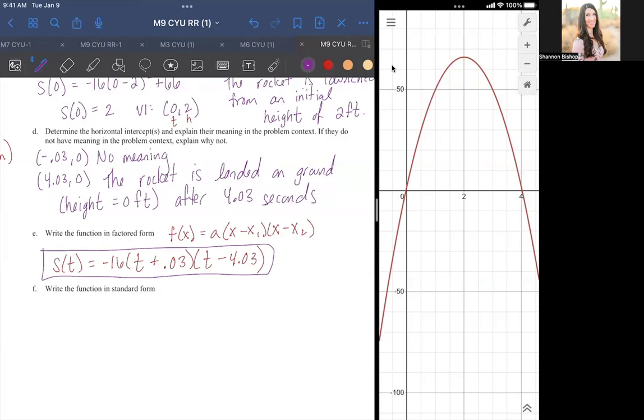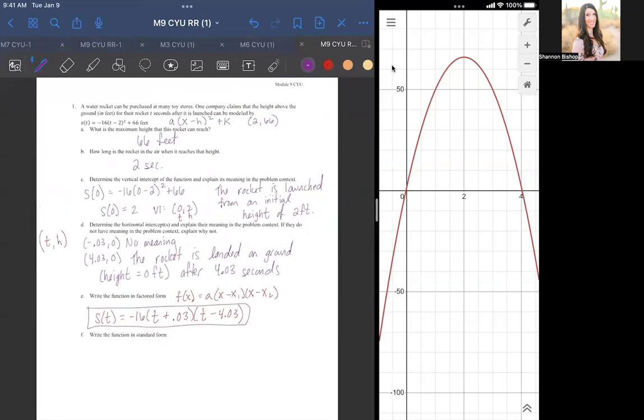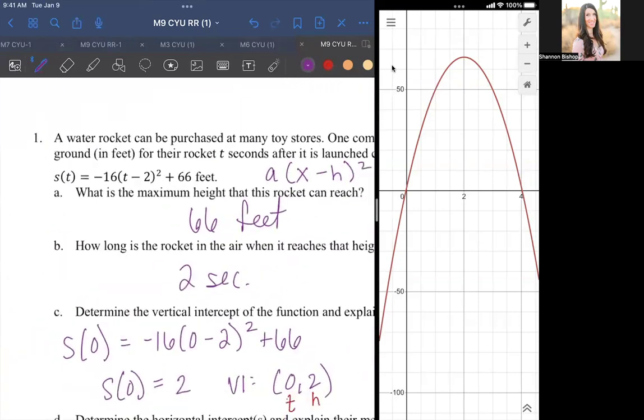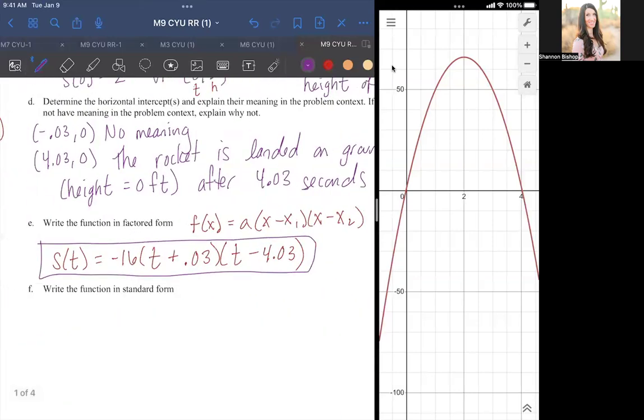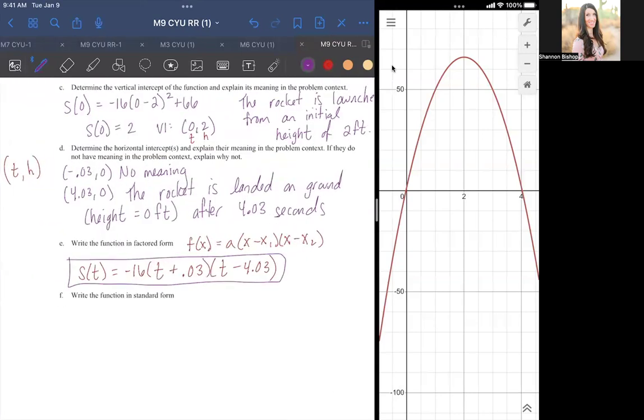You are going to want to distribute out either the vertex form, which was given to you in the beginning, or the factored form, which you now have in part E. I'm going to go back and use my original vertex form, not only to practice it that way, but also, if this was me on a test, just in case I made a mistake in part E. I wouldn't want to distribute that out because I'm going to have what I call a snowball effect. If part E is wrong, then if you distribute part E, part F is going to be wrong too.